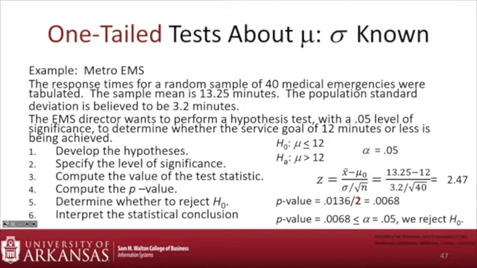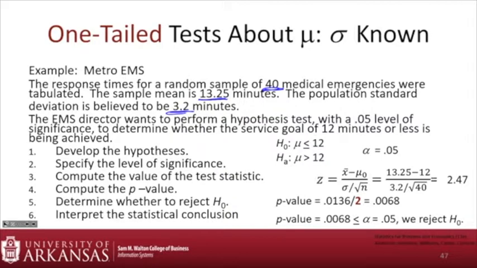So here, Metro EMS, Emergency Management System. The response times for a random sample of 40 medical emergencies were tabulated. The sample mean, 13.25 minutes. The population standard deviation is believed to be 3.2 minutes.